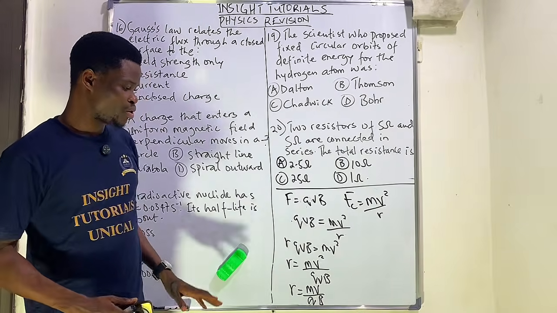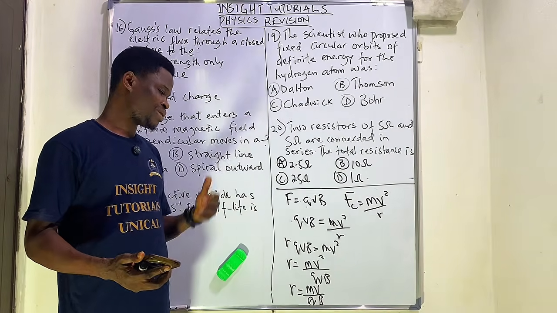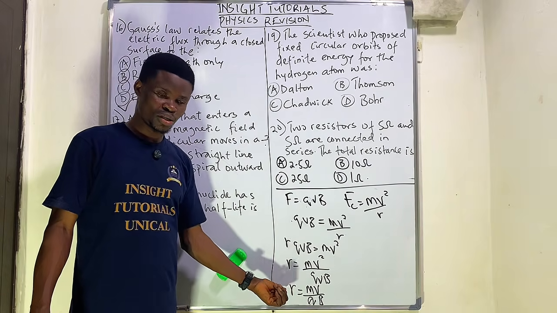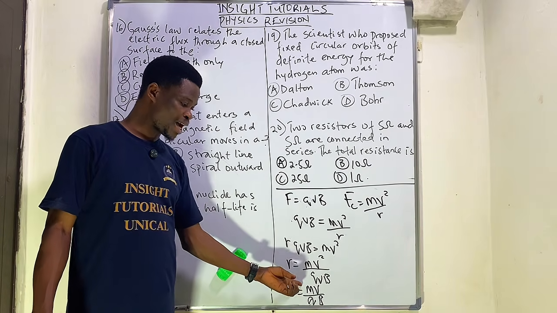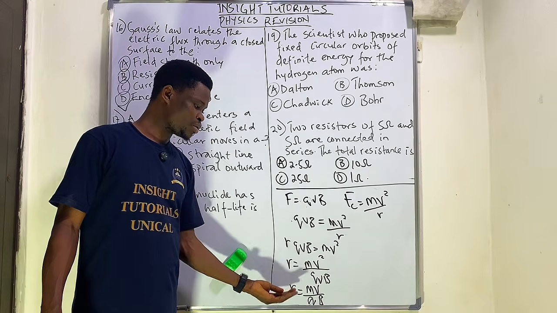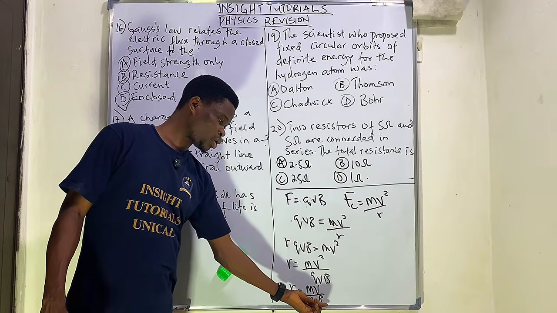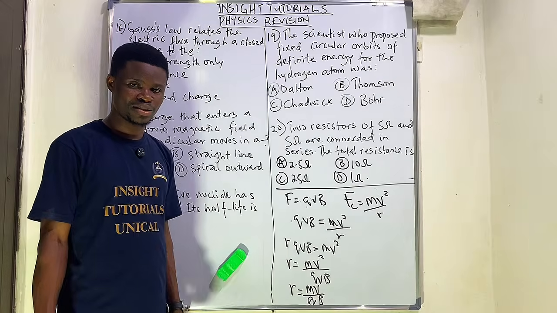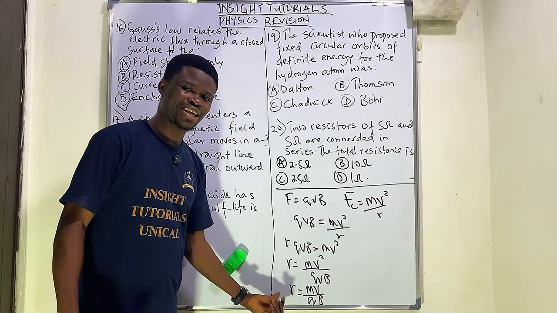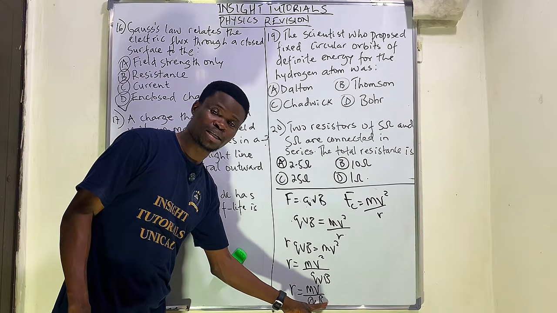Another thing you need to know that could be a likely CBT question is: under what condition does the radius increase? The radius increases when you increase the mass or the velocity, but the radius decreases when you increase the charge or the magnetic field intensity. So you need to understand that the radius is inverse to the charge and the magnetic field.